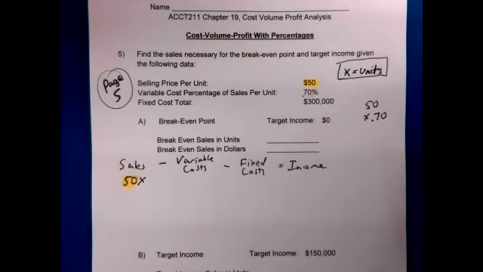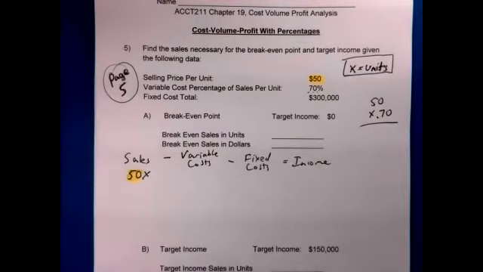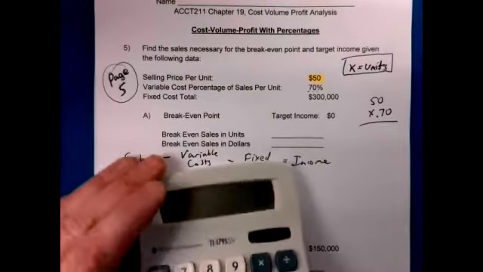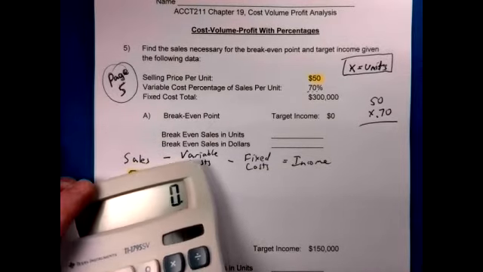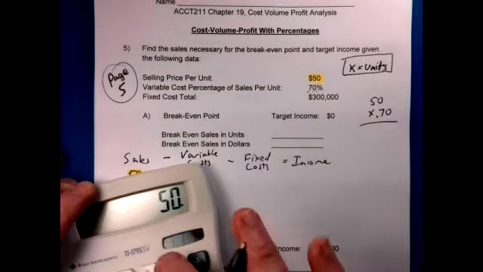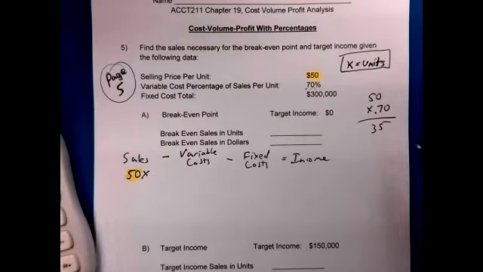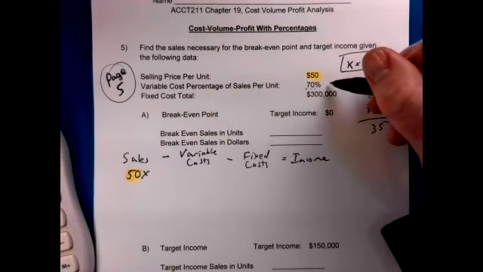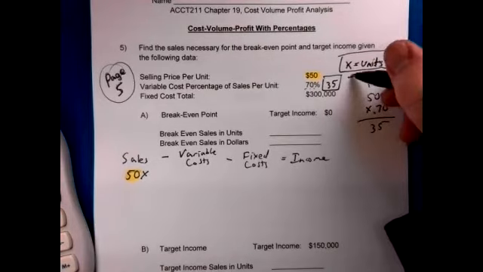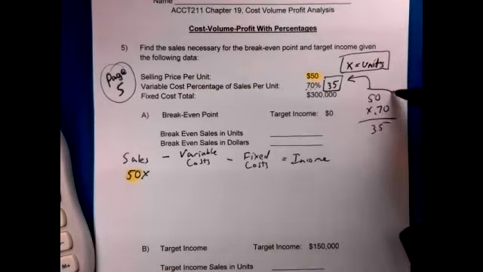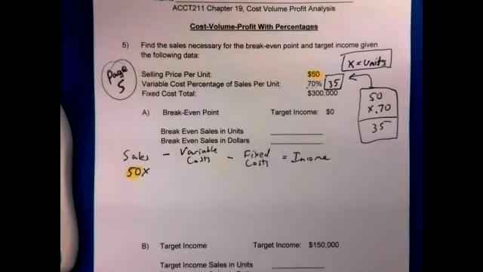If you have a good calculator, you can probably just put it in. So this is going to be $35. The variable costs are going to be $35 each.